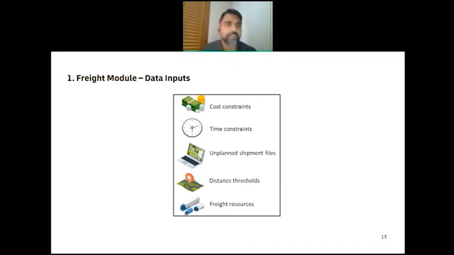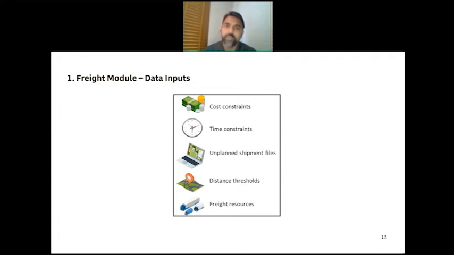So the first module that I discussed was the freight module, and this is the sub tool which takes the deliveries and figures out which deliveries should be going to the common carrier, and which multi-stop one-way route they should take, which would be the lowest cost, right?